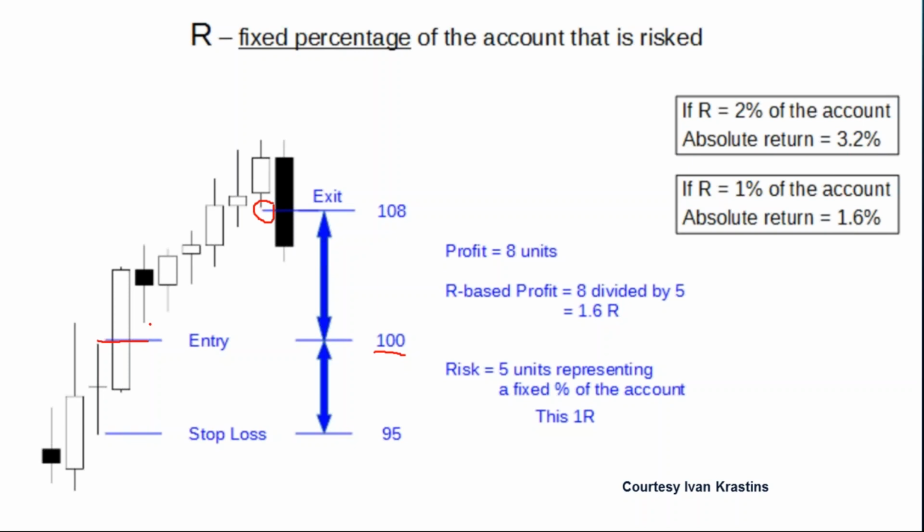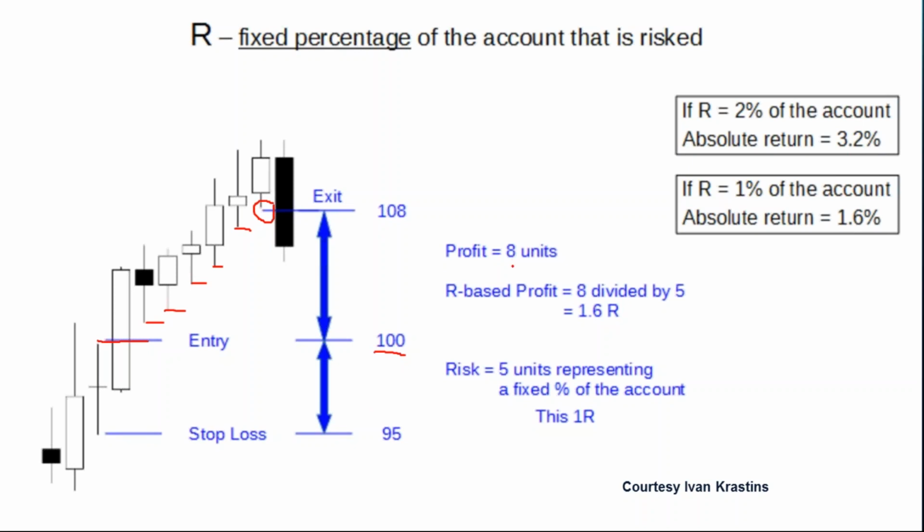So in this example, the stop loss is moved up underneath each period as they complete until eventually you're stopped out. The initial risk was 5 points or 5 units, and the initial profit on this move was 8 units.